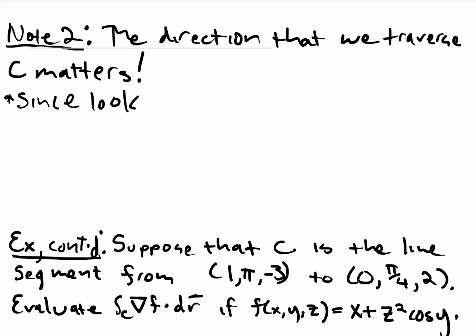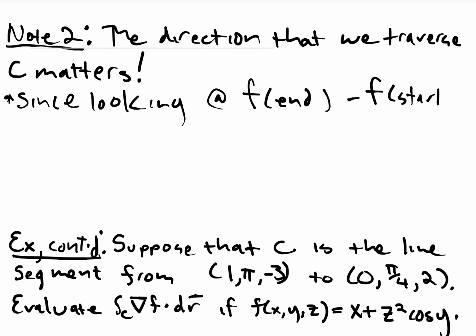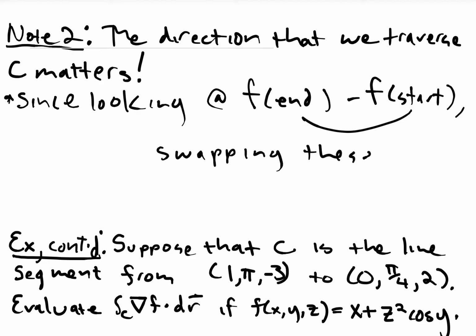Since we're looking at f of end minus f of start, if you swap the order of where you start and end, you're going to get a big sign error. So don't do that. Whenever you're traveling along a curve, make sure you know where you're starting and where you're finishing.